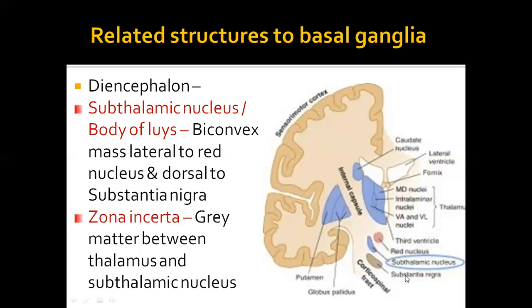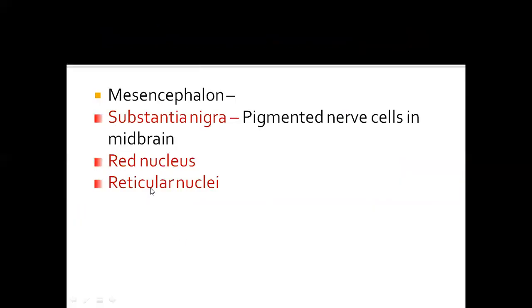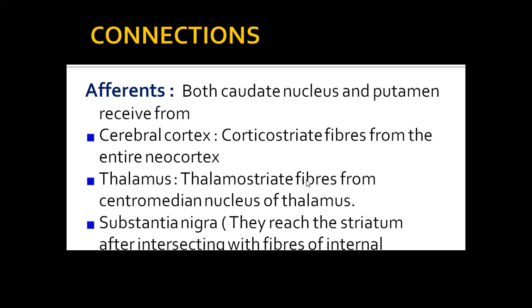The zona incerta is gray matter between the thalamus and the subthalamic nucleus. In the mesencephalon, the substantia nigra we usually see in the cut section of the midbrain, along with the red nucleus and reticular nucleus. The substantia nigra is pigmented nerve cells in the midbrain.